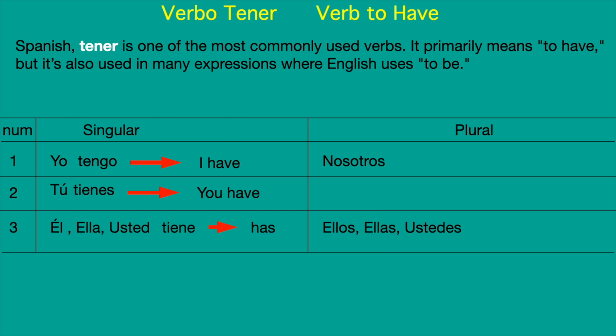That is how we conjugate in English. In Spanish, it would be yo tengo, tú tienes, él, ella, usted tiene. And then in the plural, we have nosotros tenemos, that would be we have, and then ellos, ellas, ustedes tienen for the third person in the plural, which is they have in English.